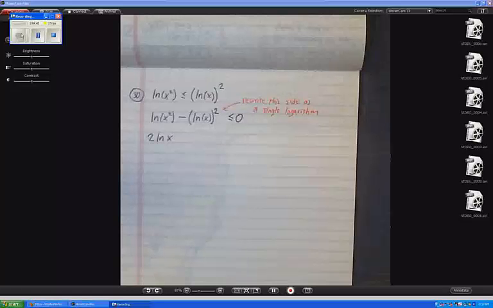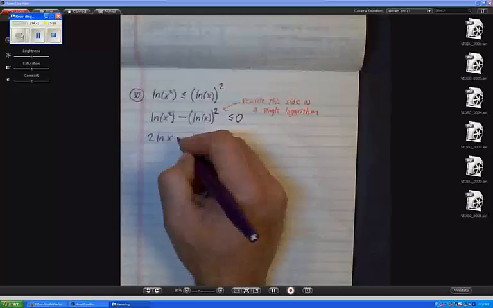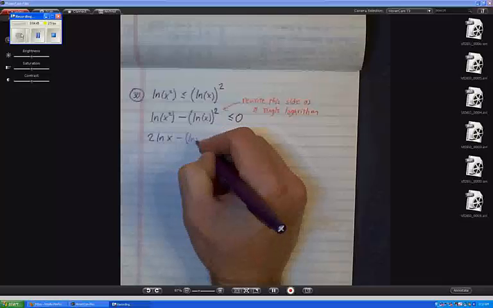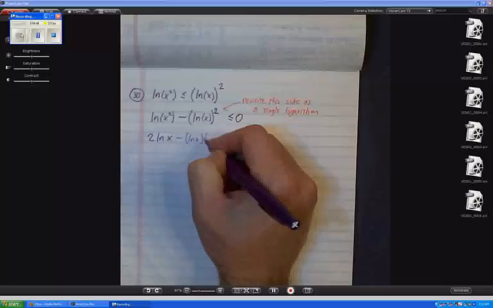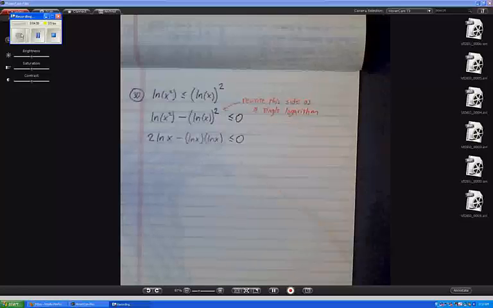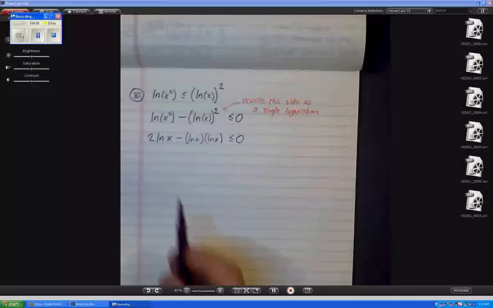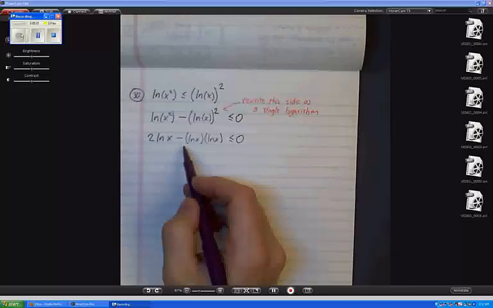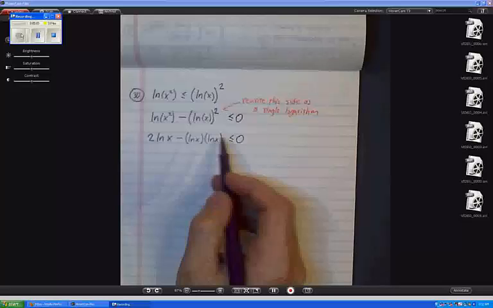And now I'm going to rewrite this one like this. ln x, ln x. How does that look? Fair? Does this make sense? Because I get 2 ln x minus ln x less than or equal to 0.